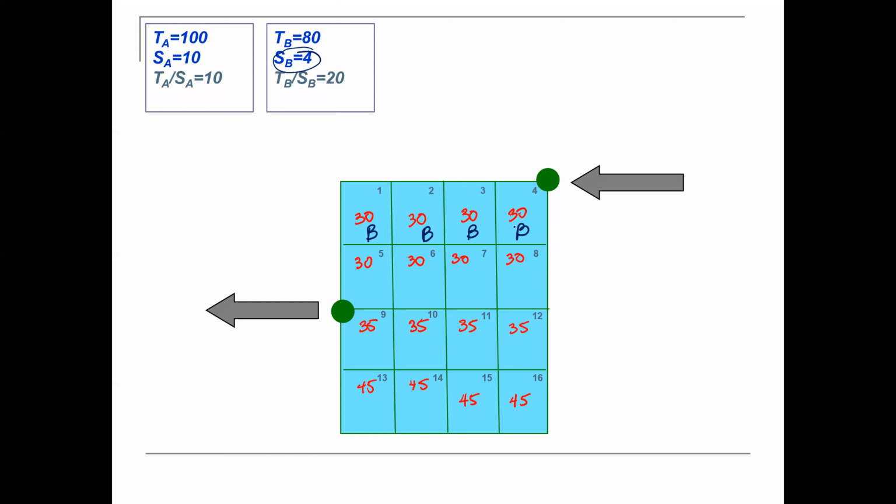So I have the 4 cells, and then I can assign the 10 cells needed for A as follows. So A will be here, here, here, here. And I'm going to occupy those that have low values first.